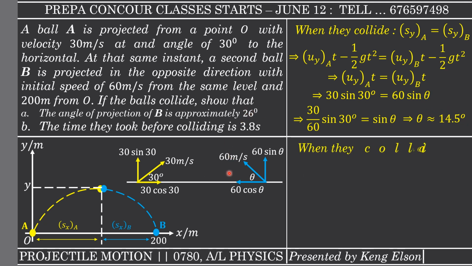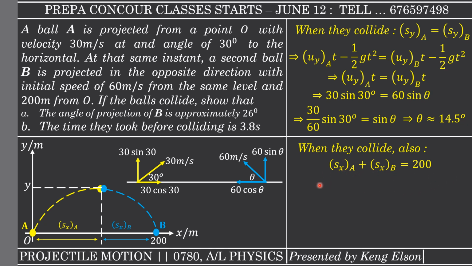Now when these balls collide, the horizontal distance traveled by A plus the horizontal distance traveled by B after a certain time period is equal to the distance that is separating the two balls when t is equal to 0. So that's why we have SXA plus SXB is equal to 200 meters.